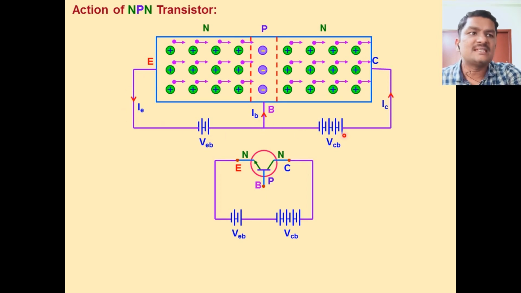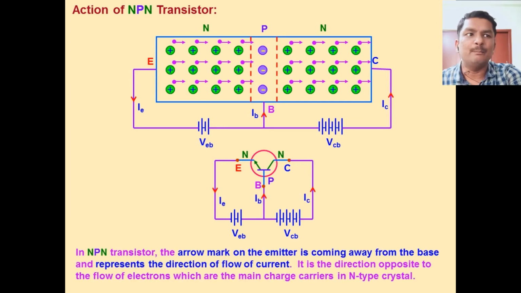This is the current flow directions IE, IB and IC: emitter current, base current and collector current.